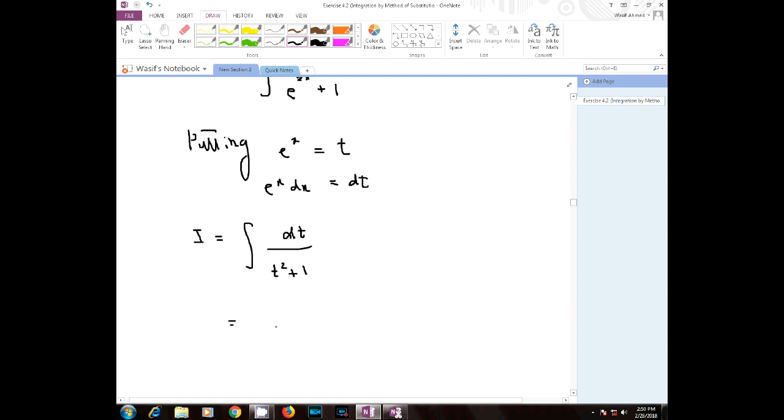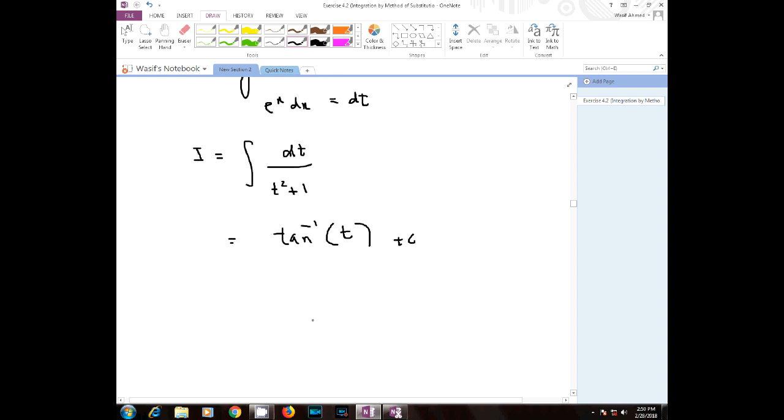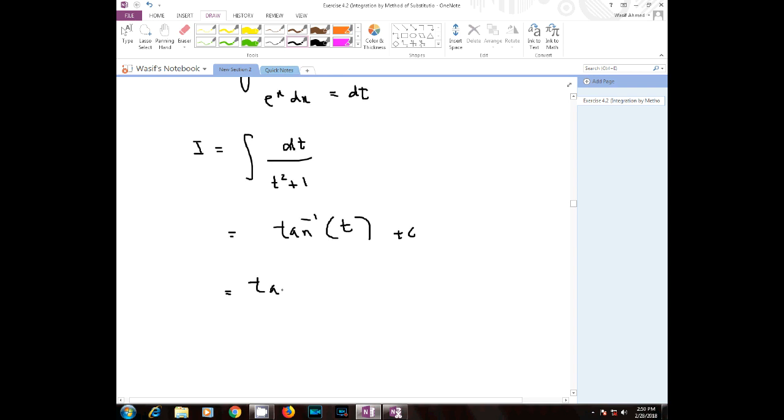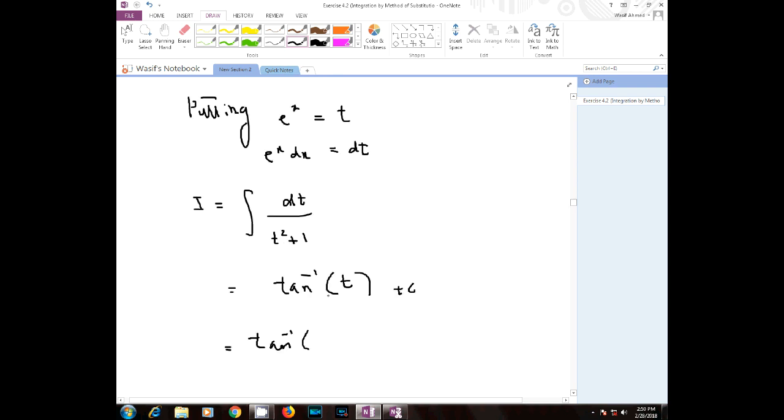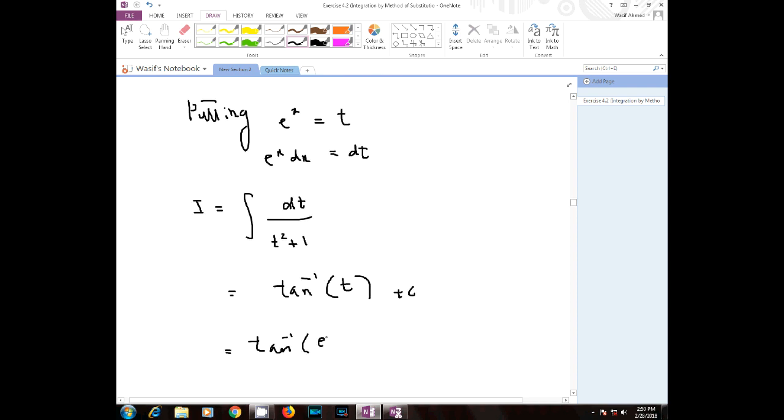So this is the integral of tan inverse t. So tan inverse, and instead of t you have e raised to the power x. So hopefully this is the answer. Let me check it. Yes, this is the answer.